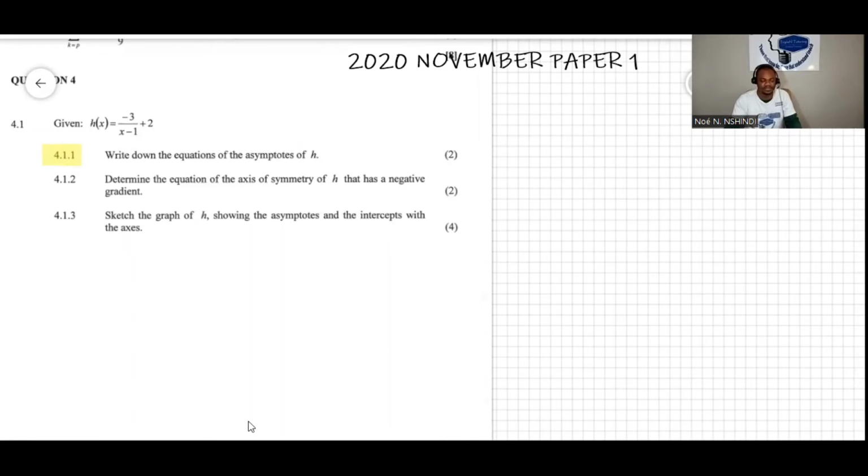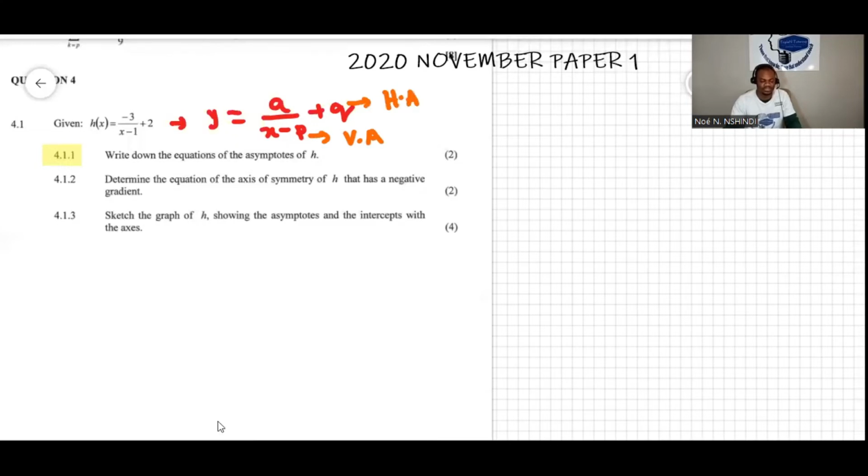Well, you know that the equation of a hyperbola is given by y equal to a over x minus p plus q, where p and q are the asymptotes of the hyperbola. So p indicates the vertical asymptote, and q is the horizontal asymptote.